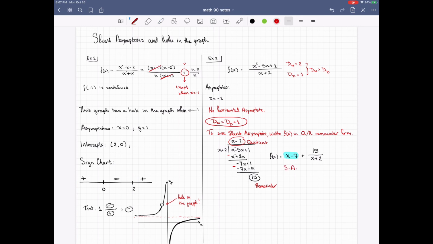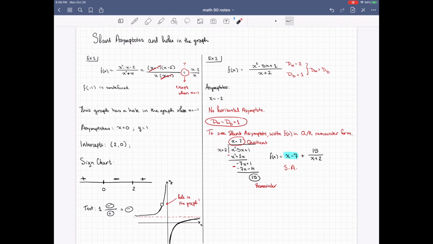Now, we could talk about why we know that's our slant asymptote separately, and if you're curious about that, then just pop your head into office hours and we can discuss it. But anytime you have this phenomenon that the degree of the numerator is 1 greater than the degree of the denominator, we can say, oh, there's a slant asymptote here, and we will see it by writing in quotient remainder form because it will be the quotient.